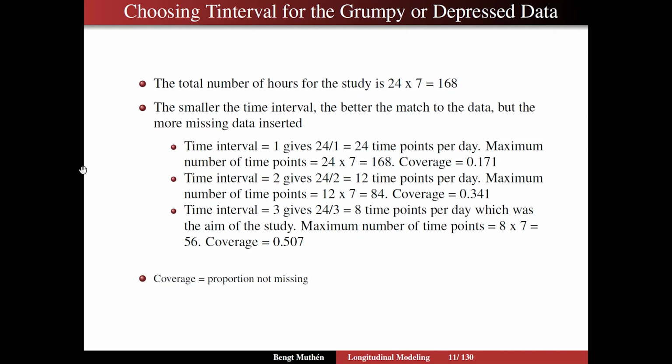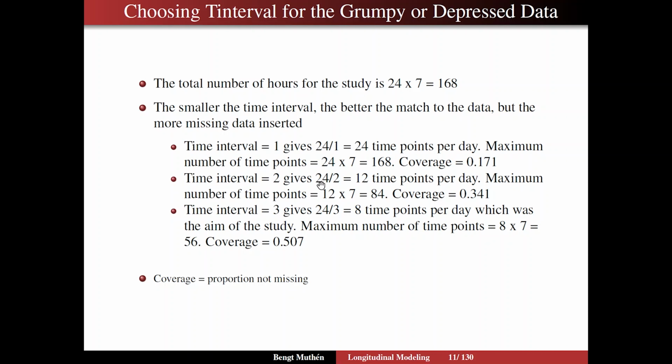So here we have for this data set, I think, 3 candidates for time interval: time interval 1, time interval 2, and 3. If you choose 1, then we get 24 time points per day, 1 for each hour. Maximum number of time points will be 168, and the coverage then is 0.17, coverage being the proportion not missing. So fairly low coverage. Can handle it, but for some more complex models, that's going to give problems.